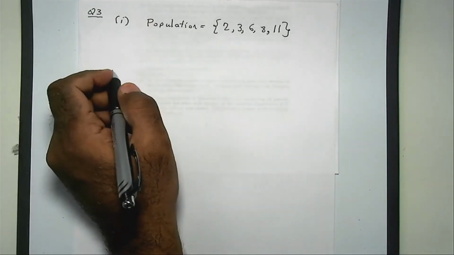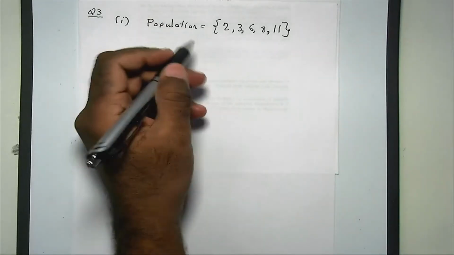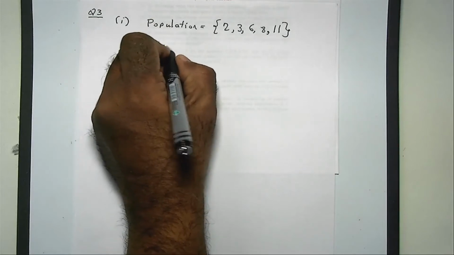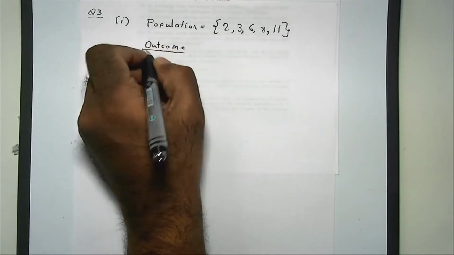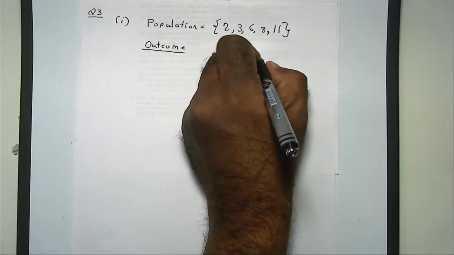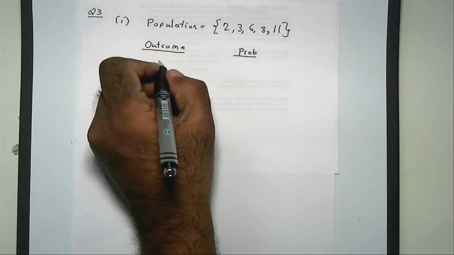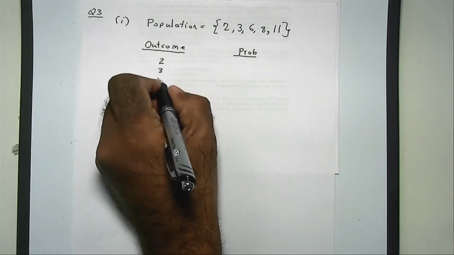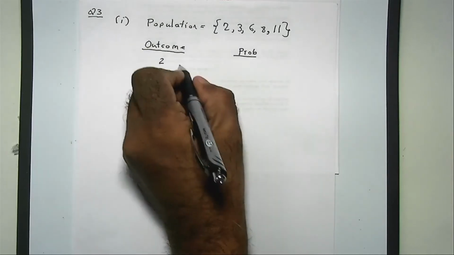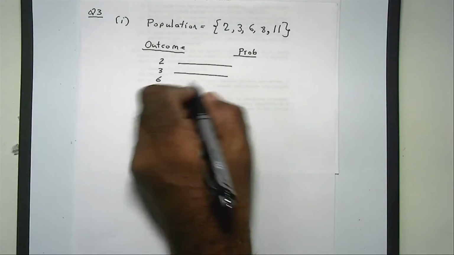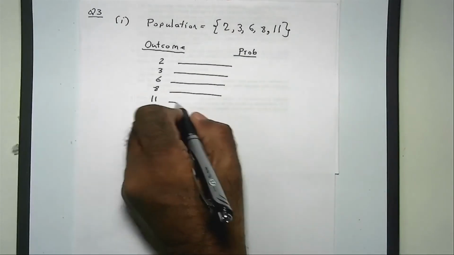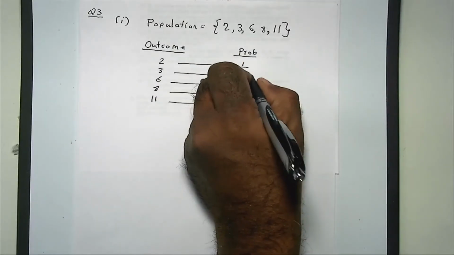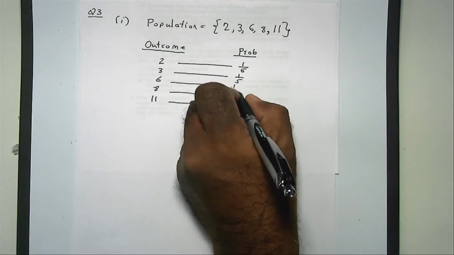So because you're doing it with replacement, the possible outcomes for the first number that you choose can be either 2, 3, 6, 8 or 11, and the probabilities, since there are 5 numbers in total, the probability of choosing 2 is 1 over 5, 3 is 1 over 5, 6 is 1 over 5.